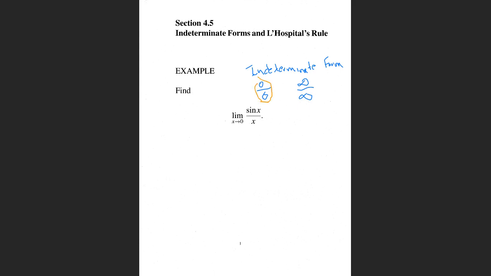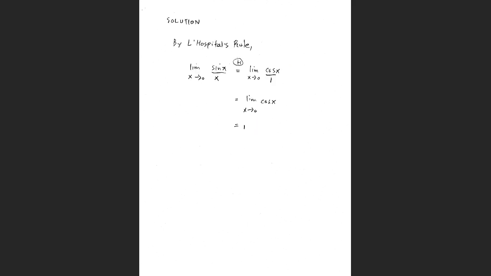Because the sine of x, as x goes to 0, approaches 0, and x itself approaches 0 as x approaches 0. So this is a problem where we can apply L'Hopital's rule to find the limit. Let's go to the solution. Let me give you a moment to copy the solution down, and then I'll talk about it.